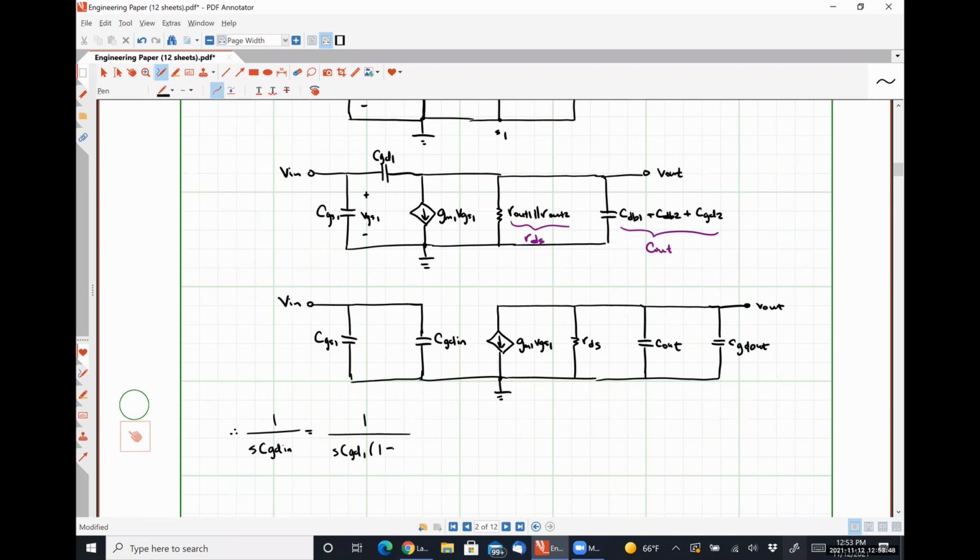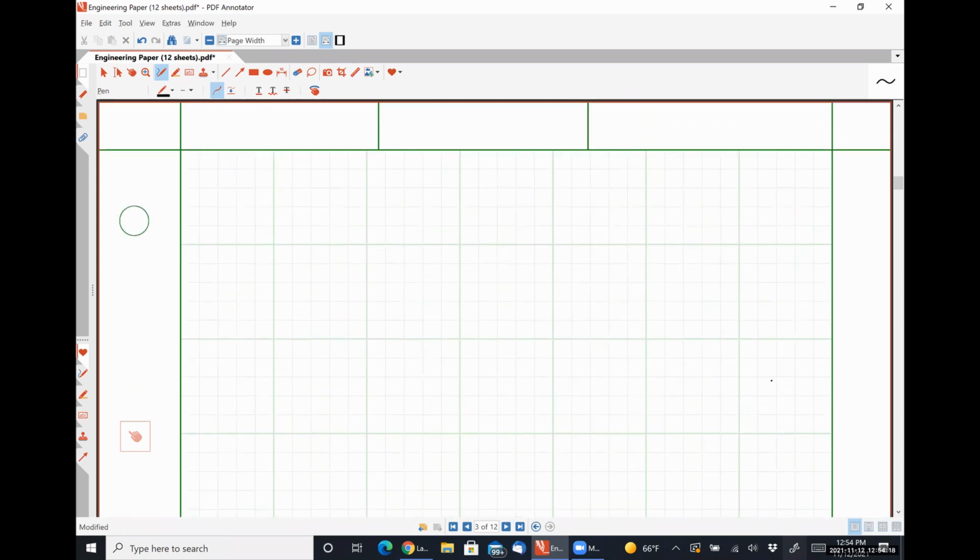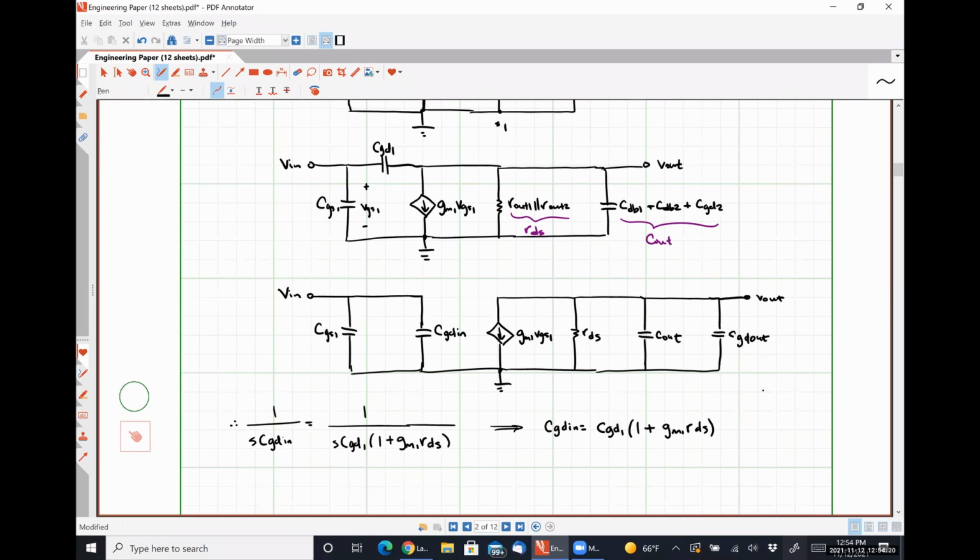Does that make sense? Okay. So 1 minus negative will give us 1 plus GM1 RDS, which means that CGD in is CGD1 times a factor of 1 plus GM1 RDS.